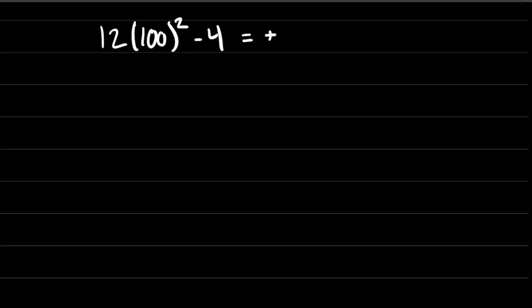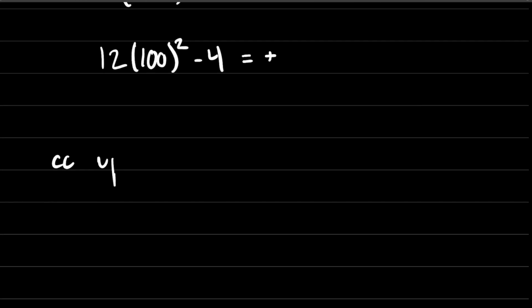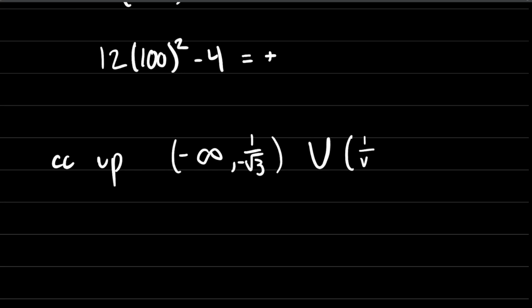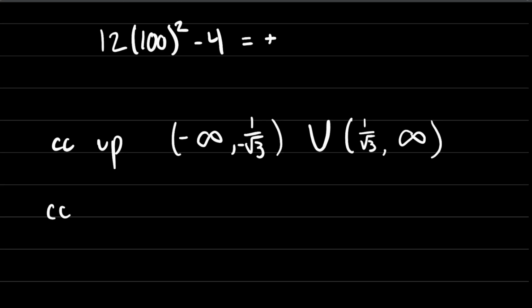So our interval ends up being CU, concave up, from negative infinity to 1 over negative square root of 3, then a union of 1 over positive square root 3 to infinity, and then CD, concave down, from 1 over negative root 3 to 1 over root 3.